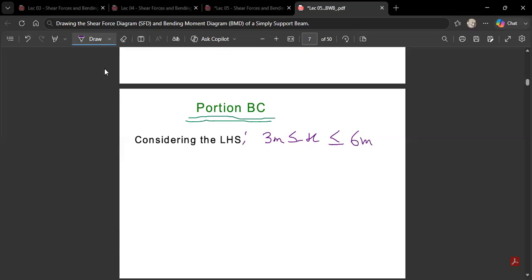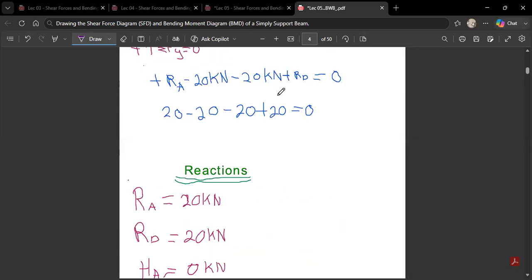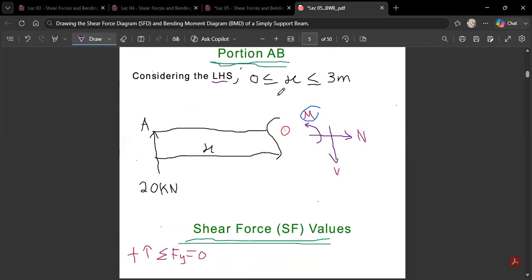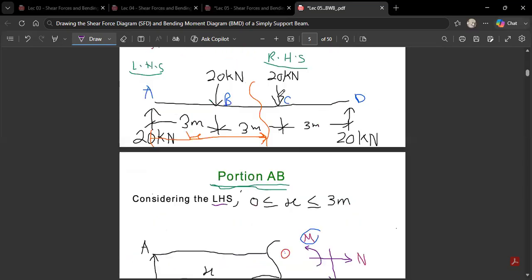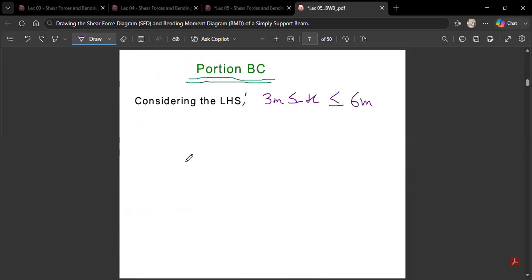So look at the free body diagram. From here, we are going to draw the cut because this is the part that we are considering. Because we are considering the left-hand side, this is the part we are going to draw. So look at how I'm going to do that. I'm going to draw that part, and this is how it's going to look like.